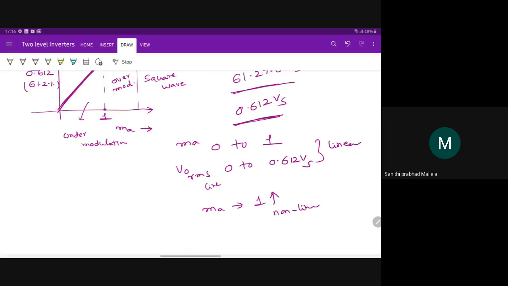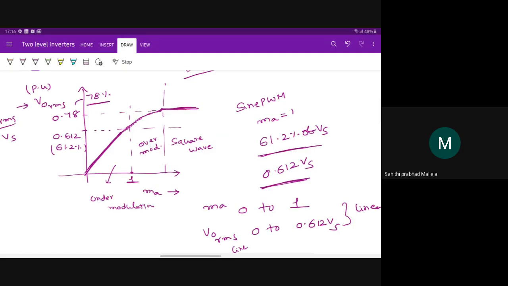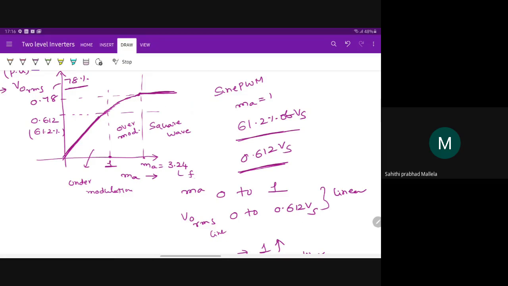At some point of time, it can reach the maximum voltage, that is 0.78 times Vs. Okay, that is the maximum voltage. After that, even if you increase the MA, there is no change in the output voltage, right? For example, this MA corresponds to 3.24, with MF equal to 15.